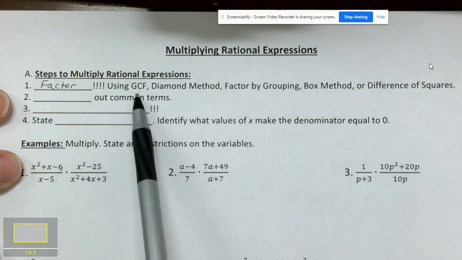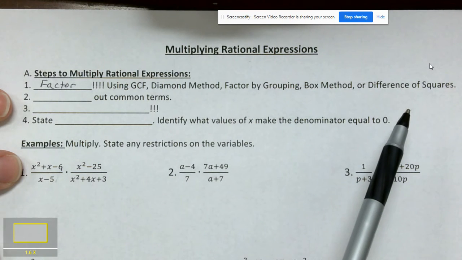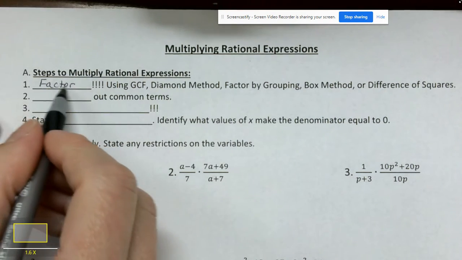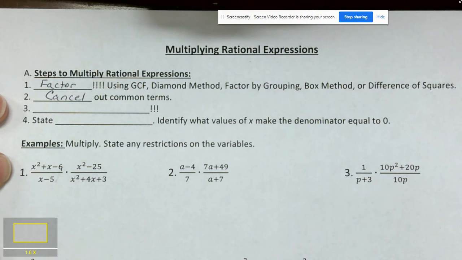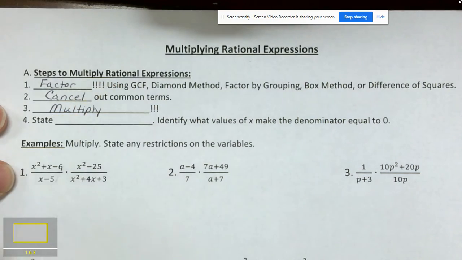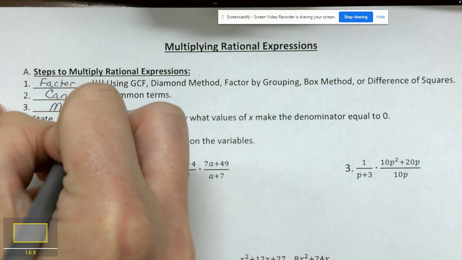You're going to use either greatest common factor, diamond method, factor by grouping, the box method, or difference of squares to come up with your factors. Once you factor, you're going to cancel out your common terms. Then your third step is to multiply. And your final step is to state those restrictions like we've been talking about.